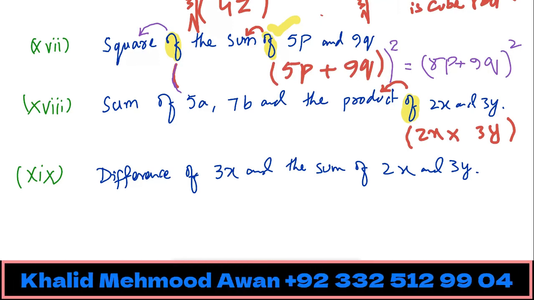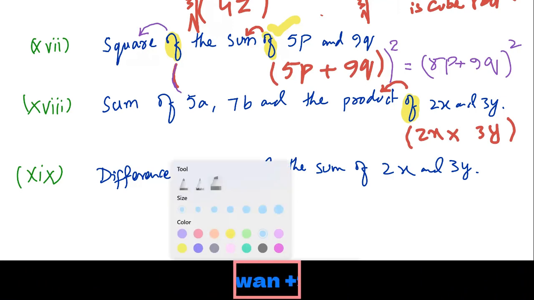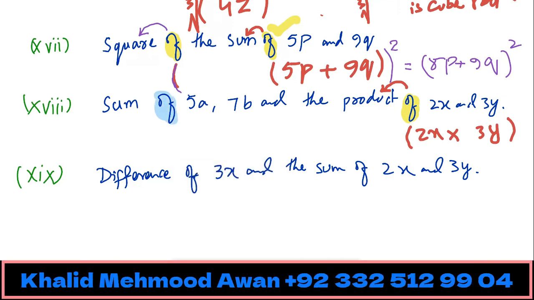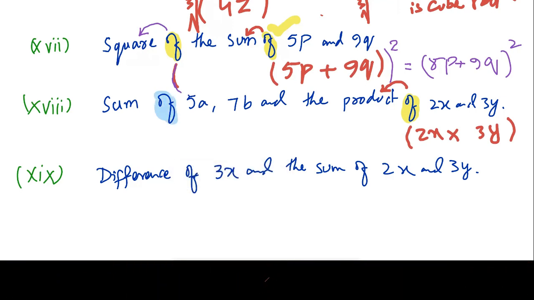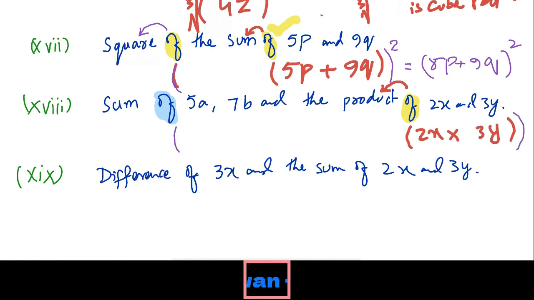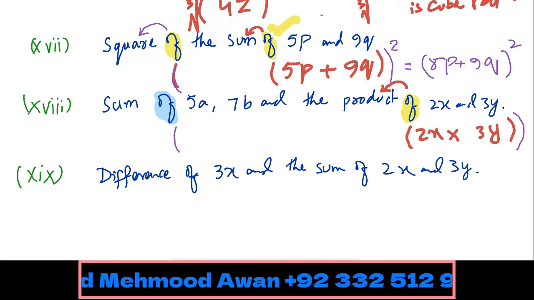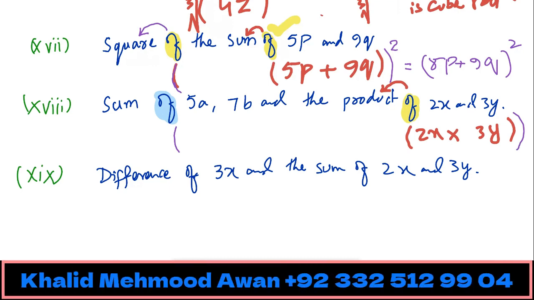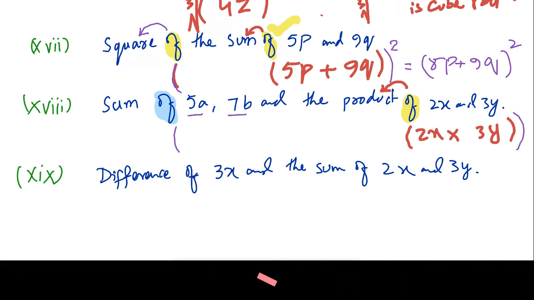Then there is another "of" here, which we have to look into. Another "of" means another bracket till the end of the statement, and after that "of" there are two variables, which are 5a and 7b.